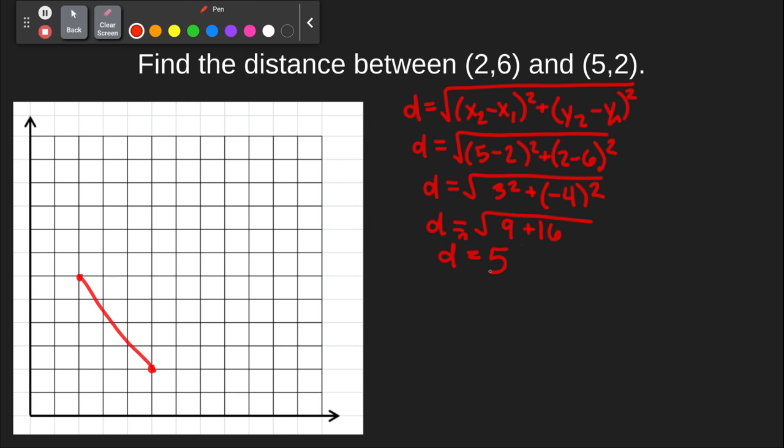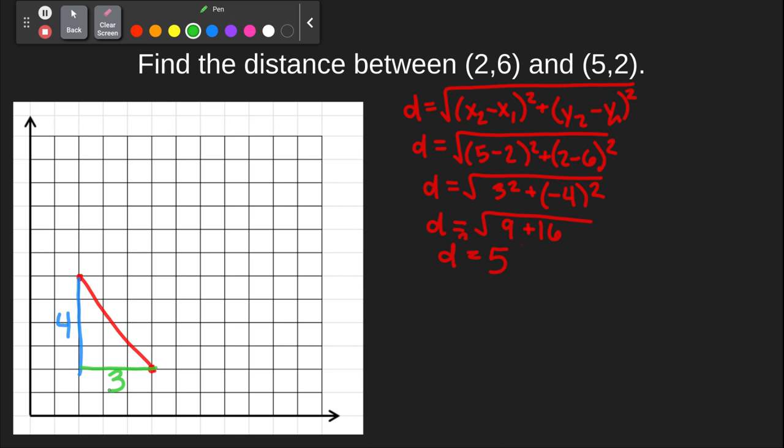So that is the distance, and I'm going to show you how you can do it using Pythagorean's theorem. If you take this all the way down, and you can count this up, 1, 2, 3, 4. So that's a side length of 4, and this is a side length of 3.